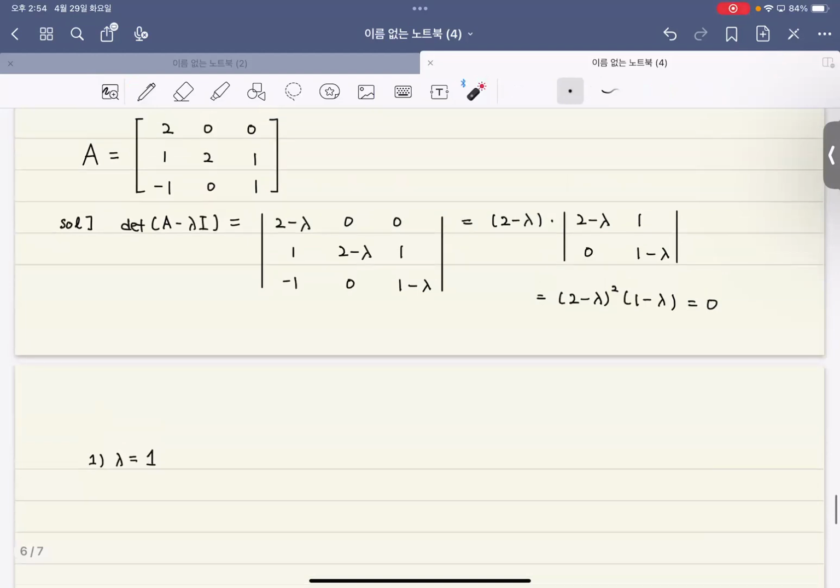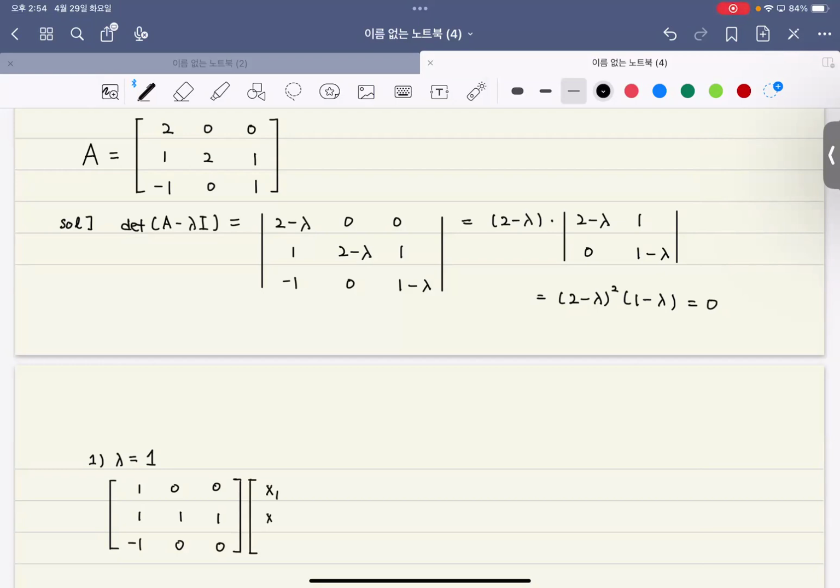Since lambda is 1, I want to compute the matrix 1, 0, 0; 1, 1, 1; minus 1, 0, 0, times x1, x2, x3.